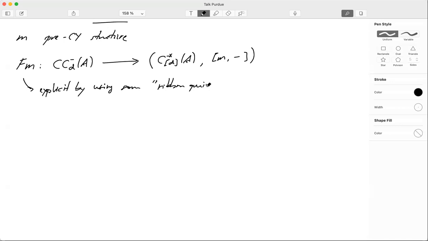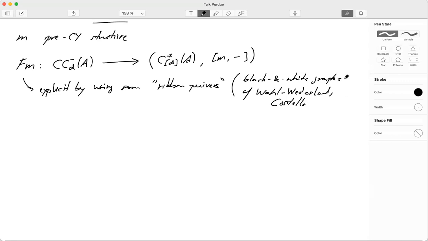We produce it using some formalism we call ribbon quivers, which is some directed version of the black and white graphs of Vogtmann and Westerland, following some work of Costello. Other people had also worked on this. Sorry if I don't mention everybody, but we have some directed version of these.